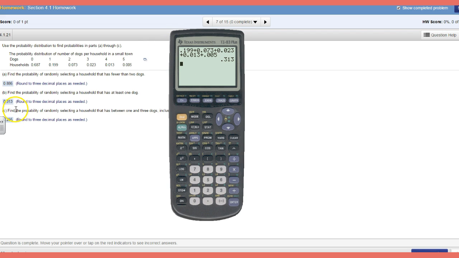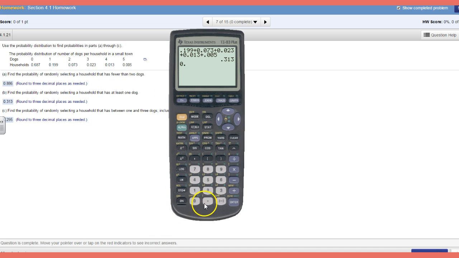Now the next one is finding the probability of having between one and three dogs. In between one and three, you could have one, two, or three. They're again mutually exclusive, so you add the probability of one dog, two dogs, and three dogs.